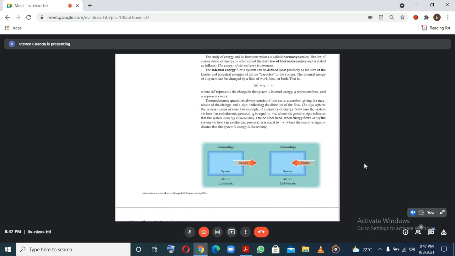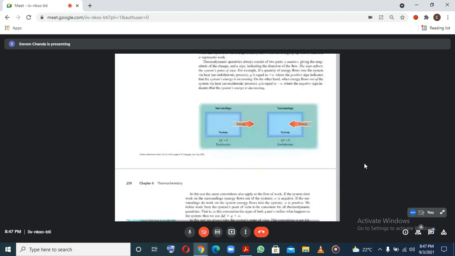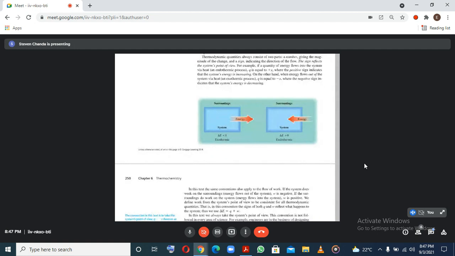So how you can think of this is you are adding. Let's say the system has a certain amount of energy, then you add plus X. The plus means the system is gaining energy, and X is just any magnitude, right?